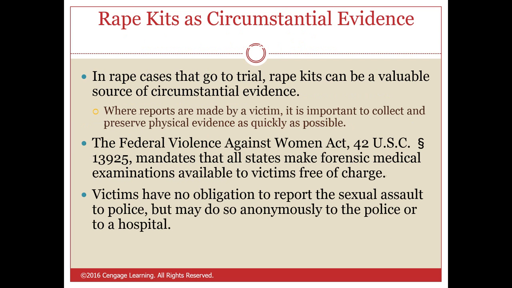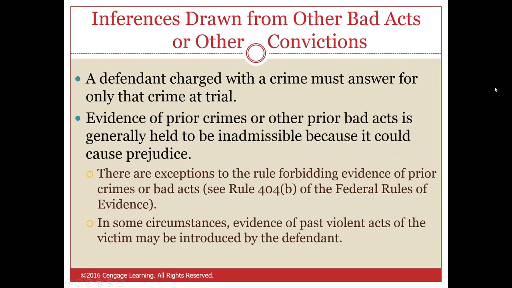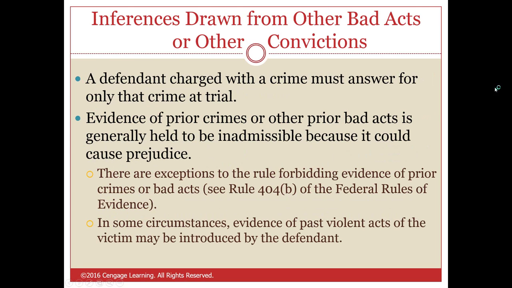So, read over these slides. This again goes into some of the more specific things that are used as circumstantial evidence, such as a rape kit, inferences drawn from other bad acts or other convictions.